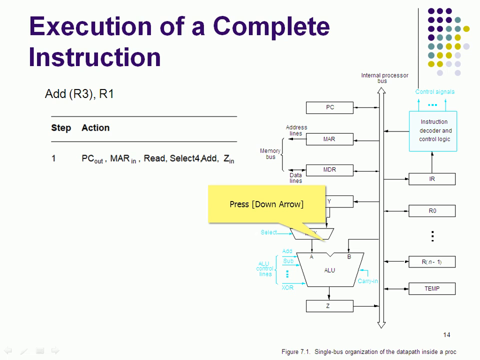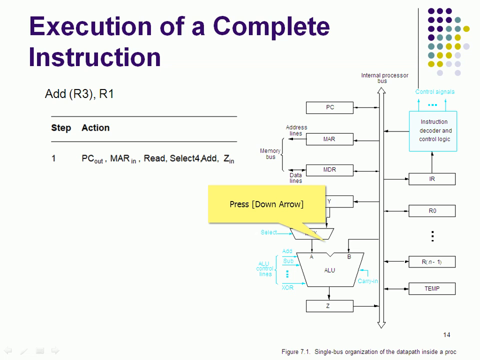So now the processor is free. This time we can make use for advancement of the program counter, so that it will point to the next instruction in the sequence of the program. Select 4, add, right? Add means the multiplexer will allow the constant here. What is at point B? B will receive the old value of the program counter.